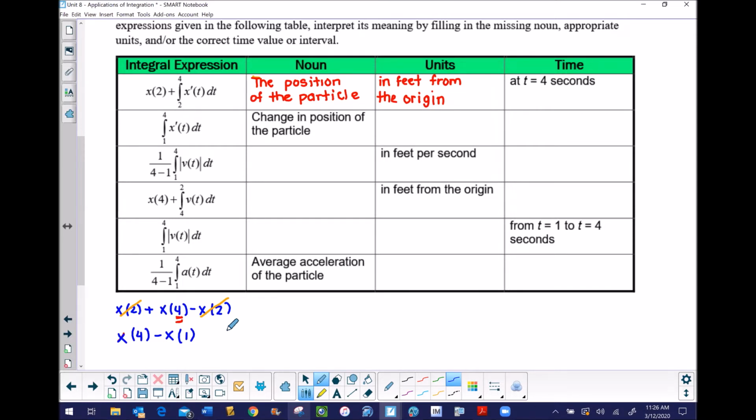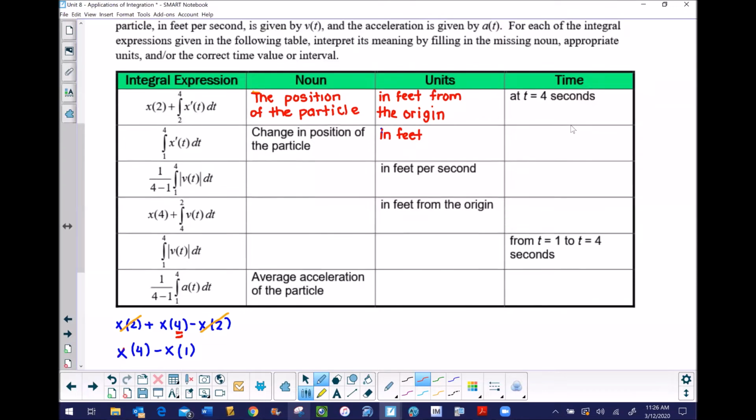What would you think the units would be? This one's kind of tricky. The units would be, red pen going here, in feet. But I'm going to stop there. And I know that's a little frustrating. Why do I stop there? Well, we don't really care about the origin here, if that makes any sense.